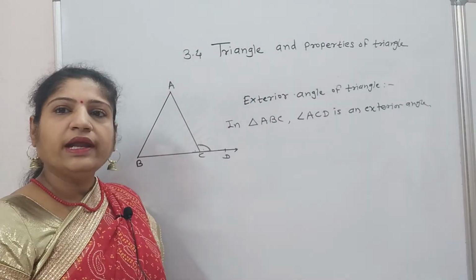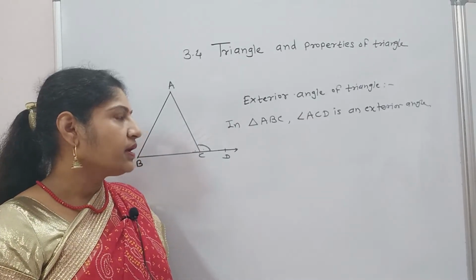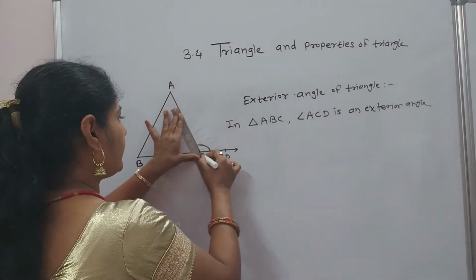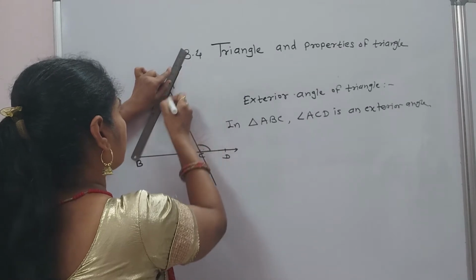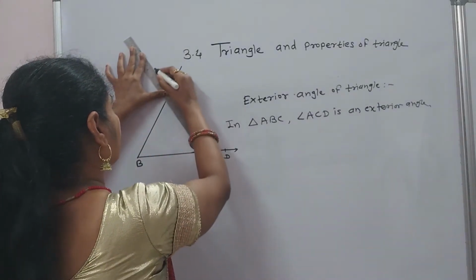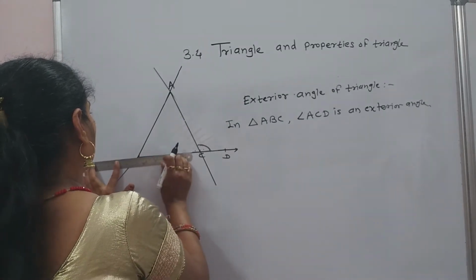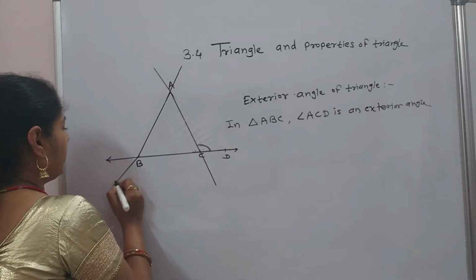Then how many exterior angles can be drawn to a triangle? Six exterior angles can be drawn. At each vertex, there are 2 exterior angles, a total of 6 exterior angles of a triangle.